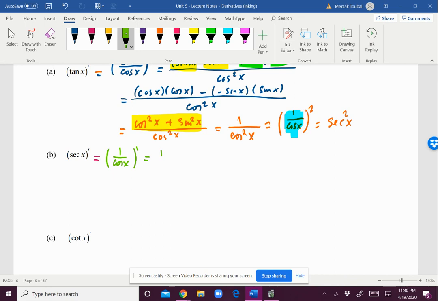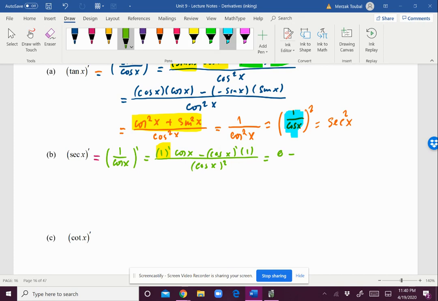So derivative of 1 times cosine minus derivative of cosine times 1, divided by cosine squared. Now, derivative of 1, that's a 0, times cosine, that's a 0. So far we have a 0.